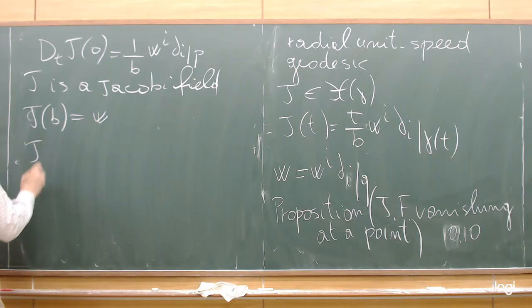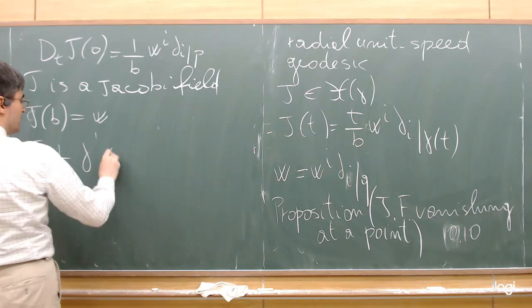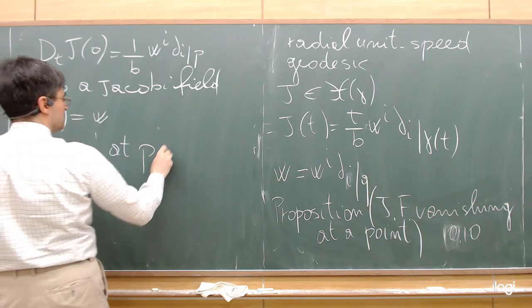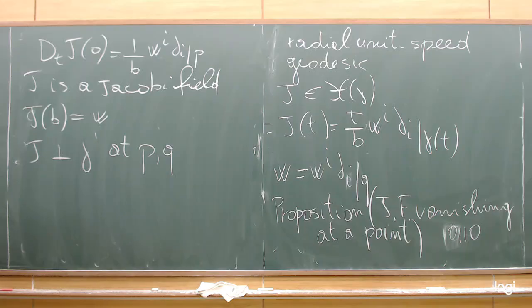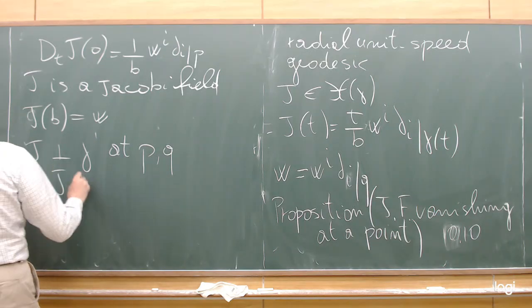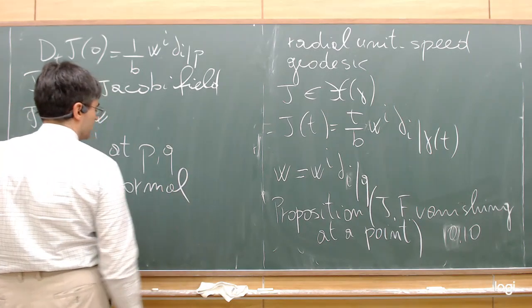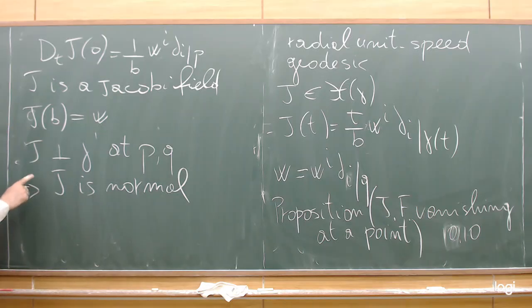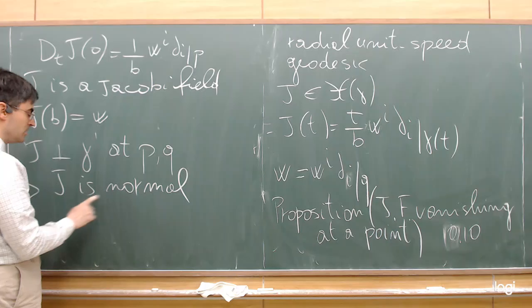Now J is orthogonal to gamma prime at P and Q. And this means that J is normal. We have seen that if you find that a Jacobi field is normal to gamma prime at 2 points, then it is normal.